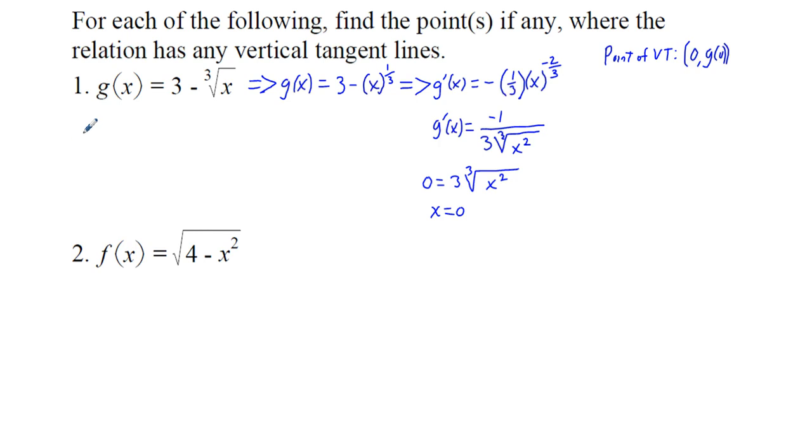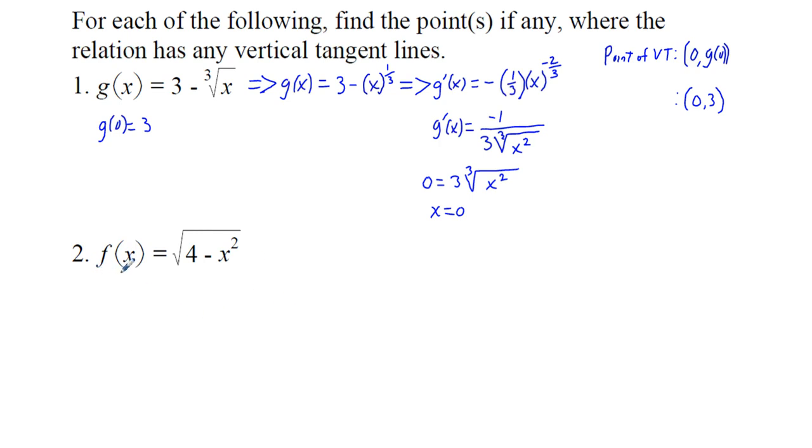For that, we go back to our original function. g of 0 is equal to 3, because when we substitute in 0 for x, we don't get anything. So we have the point 0 comma 3, and that is our point of vertical tangency.